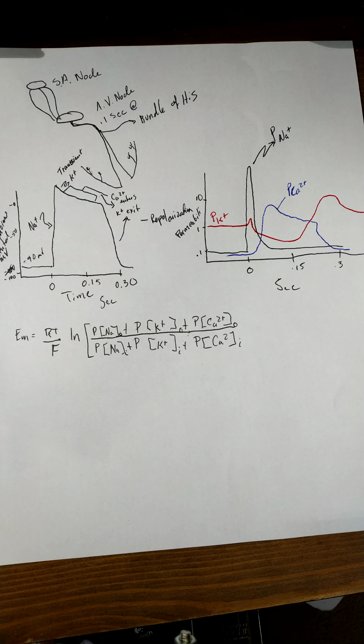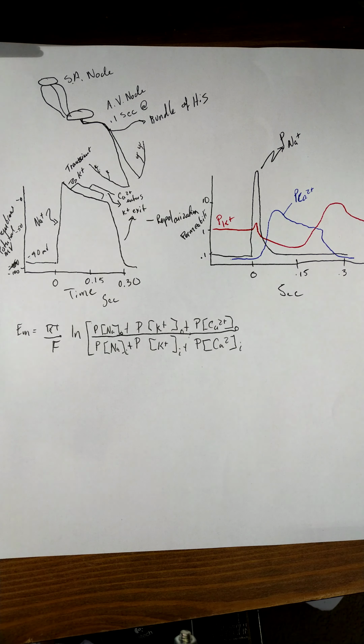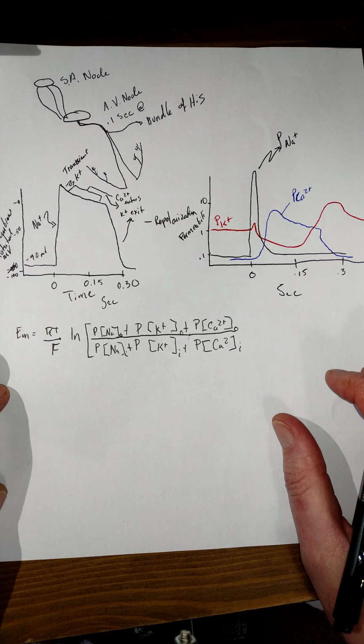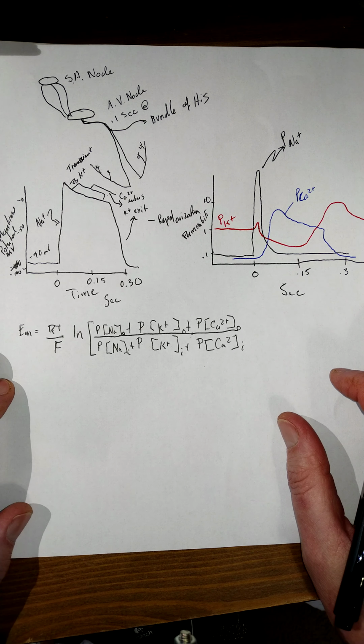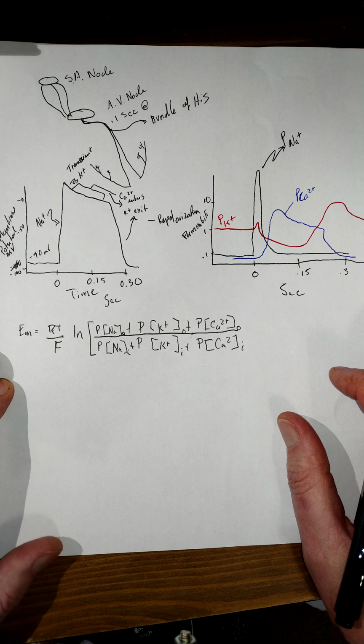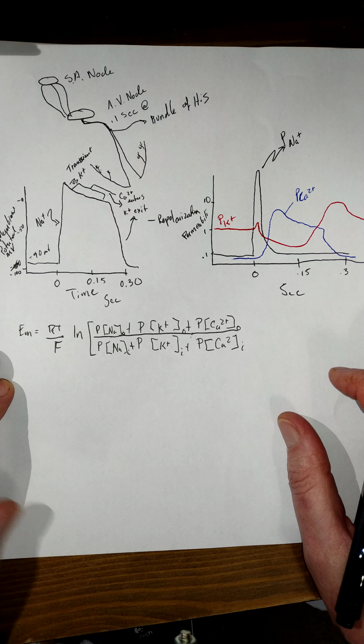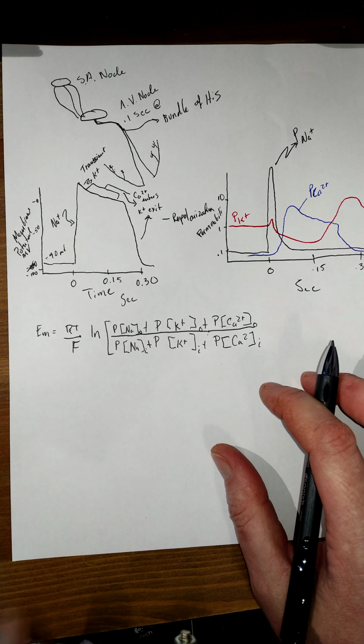So it's the same ions that we talked about in this example, but we have a little bit different thing. We have different names. We have a funny sodium channel. We have a transient calcium channel. We have a long-lasting calcium channel, and we have a regular potassium channel.